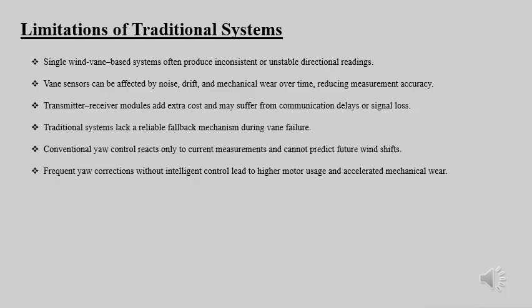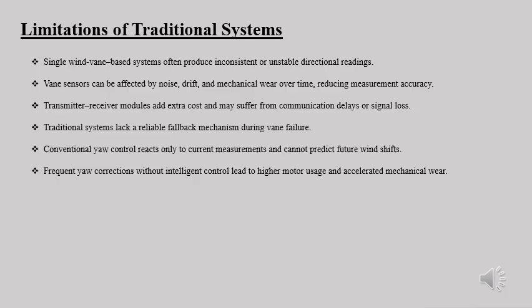Traditional air systems also lack any reliable fallback mechanism. When the vane fails or provides incorrect data, the entire system loses its ability to maintain proper alignment. Another major drawback is that conventional air control reacts only to the current measurement. It cannot anticipate or predict upcoming wind changes, which leads to frequent air correction.